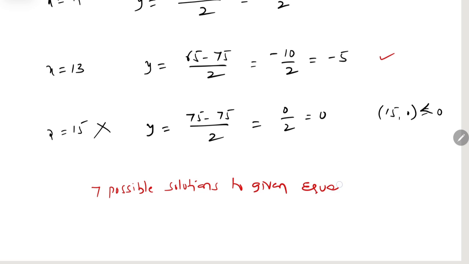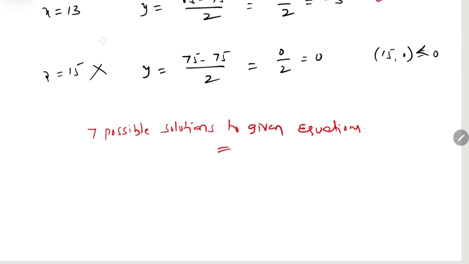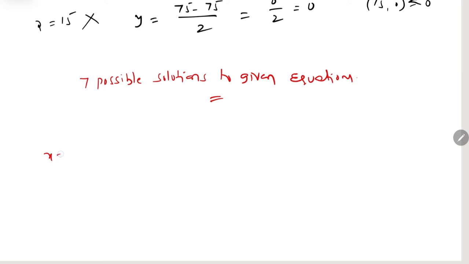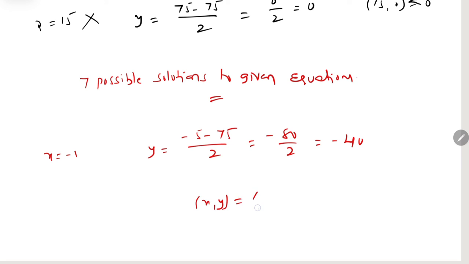So you may have a doubt: can we take any negative value for x? If I take x is equal to minus 1, therefore y is equal to minus 5 minus 75 by 2, so minus 80 by 2, so it will become minus 40. Now what is the (x, y) point? Therefore (minus 1, minus 40). The multiplication of these two will become negative into negative, positive, so 40.